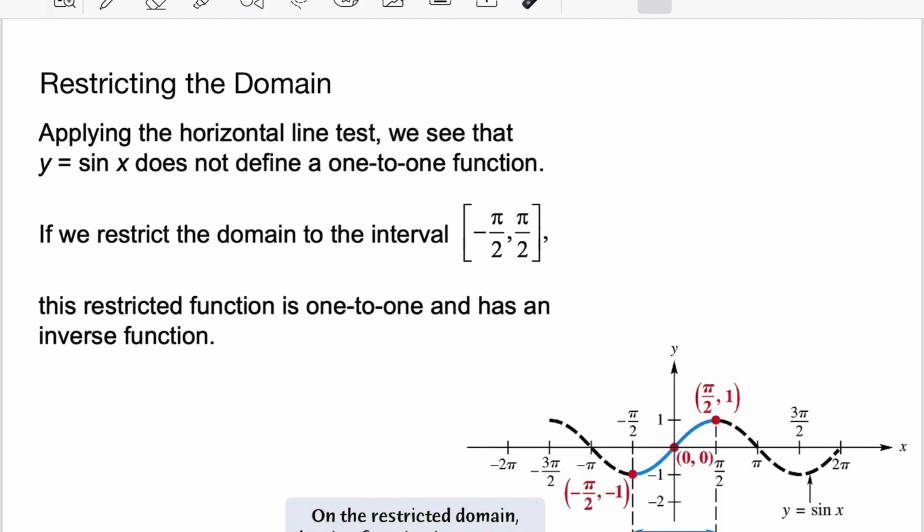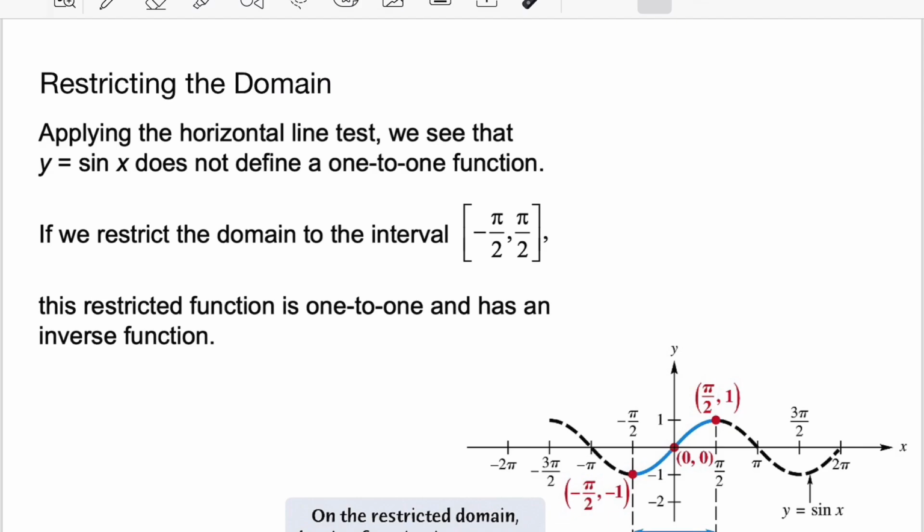Okay, so this brings us to our sine function here. Remember, if we want to determine if a function is one-to-one, we can use the horizontal line test. And so here's the graph of our sine function, and if we were to use the horizontal line test, we see that it does fail because it would intersect our graph at more than one point.